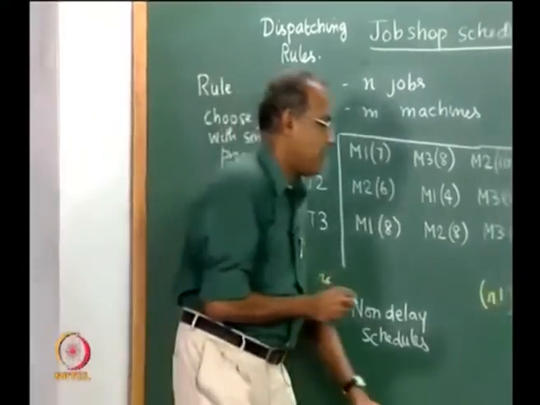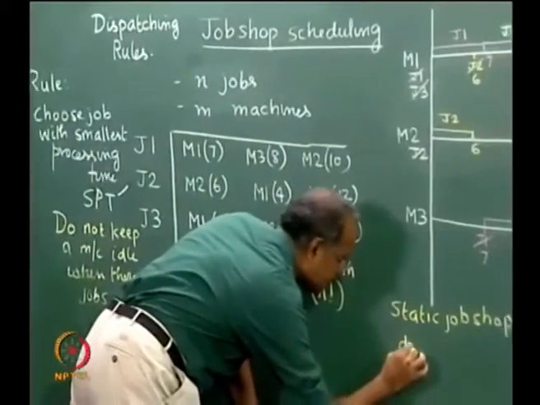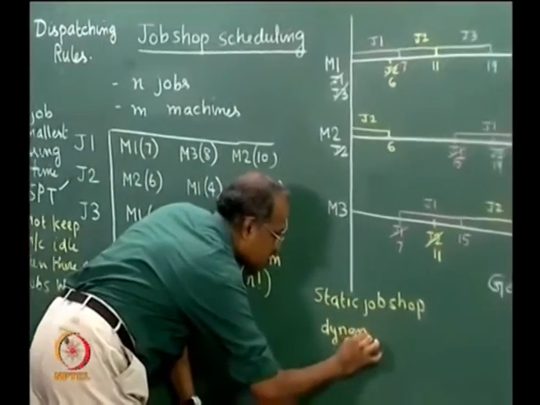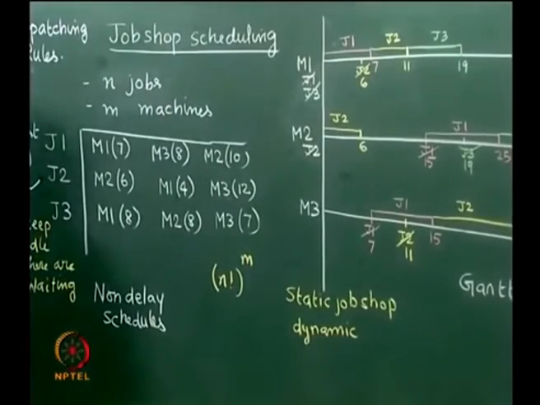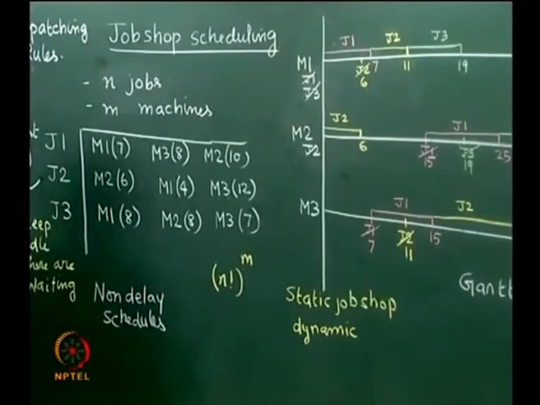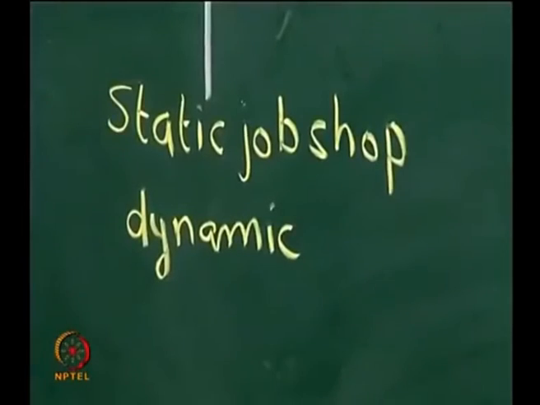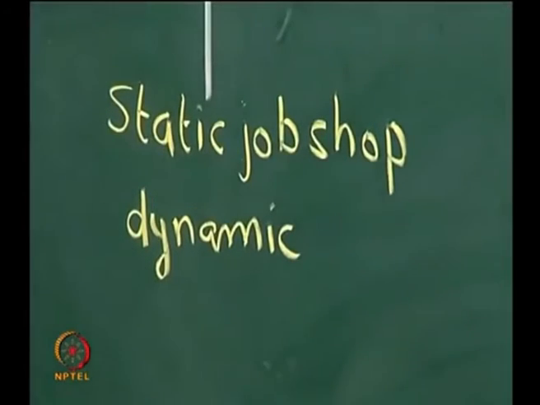So, we have to move from what are called static job shops to dynamic job shops, where the jobs can come at any time, and the time at which the jobs are going to enter the system is not known a priori.